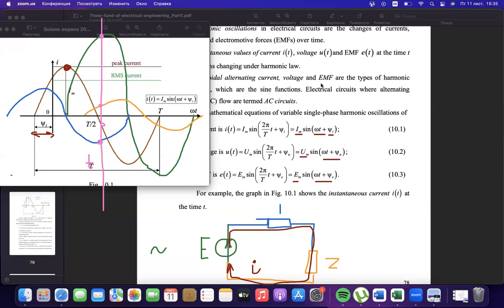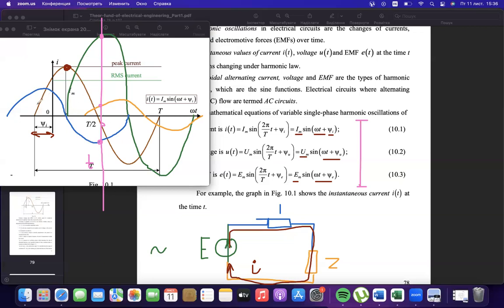That is why, in general, we have to calculate all these sinusoidal functional equations in the form like here, and to obtain them somehow. It is the main complexity of sinusoidal current if we want to compare it with direct current.